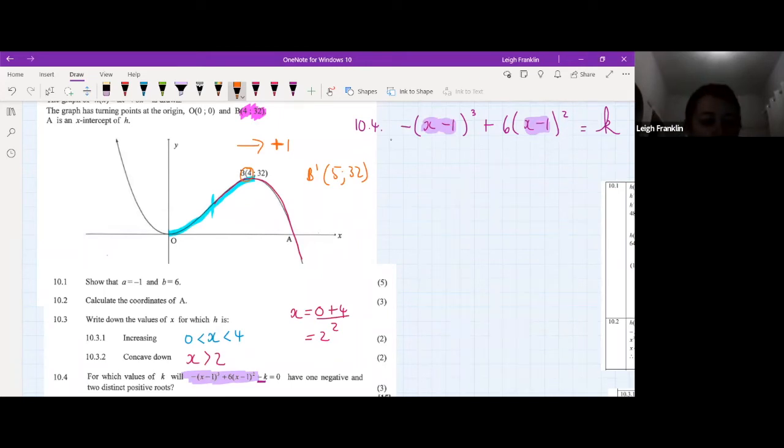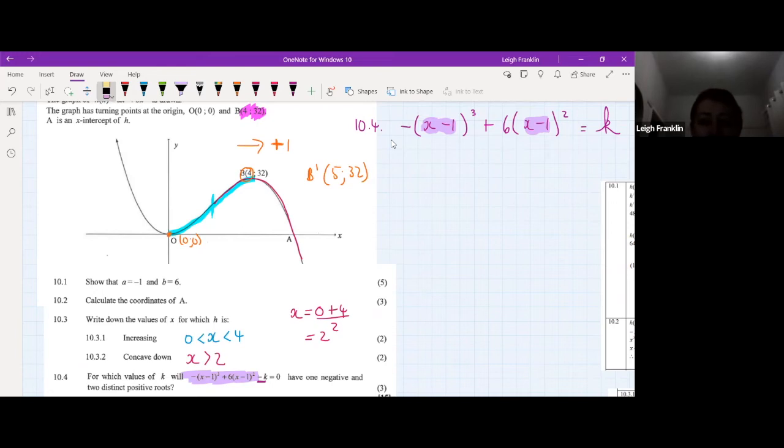This was originally 0 and 0, so what's our new origin? It's going to be 1 and 0. That would have moved over as well, not that that really matters. So the graph has shifted 1 unit to the right-hand side.